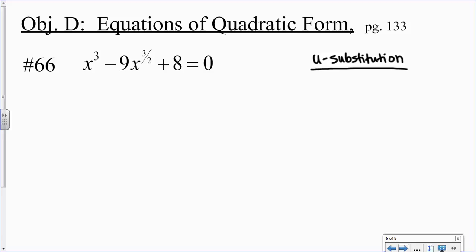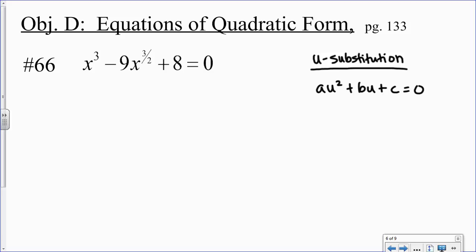So I want it to look like this. Quadratics look like this, so instead of variable x, I have u. But I want u to be in the middle, and I want u squared to be the first term.